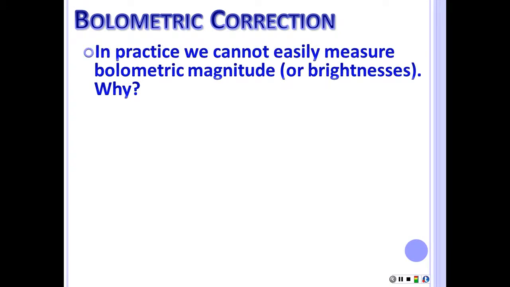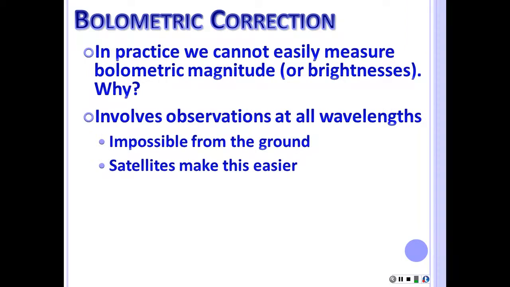And so what we actually do is apply what's called a bolometric correction. Why is it so hard to actually measure a bolometric magnitude? Well, it's impossible to do observations at all wavelengths from the ground. Satellites make it easier, but that's still fairly new technology, and there's a lot of things in the sky. What are you going to spend your time on?